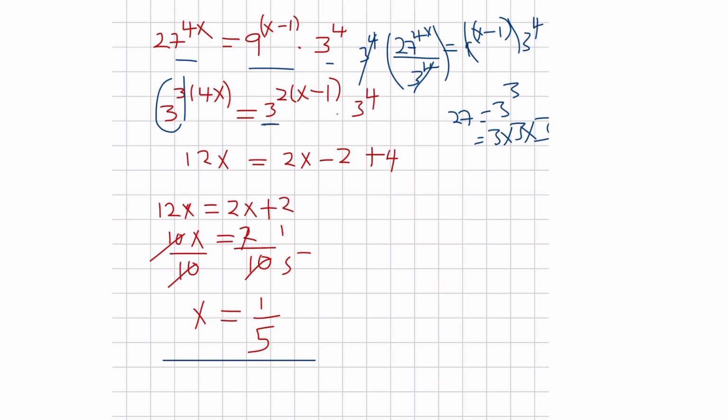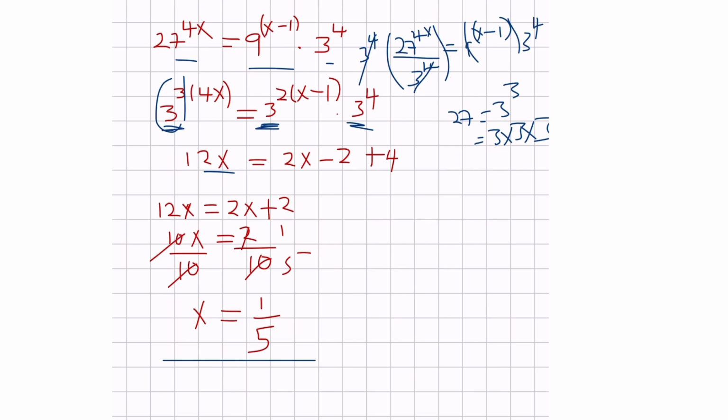Now that we've got a similar base, which is 3 throughout our problem, we can leave out the base and deal with the power because the base is similar. So 3 multiplied by 4x is going to give us 12x, which is equal to 2x minus 1.